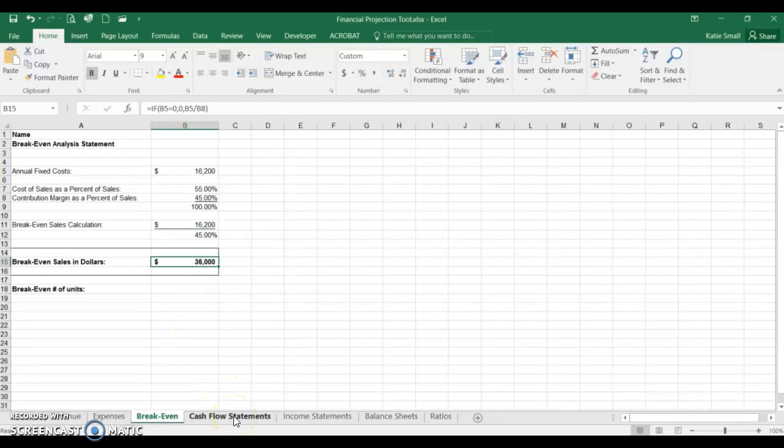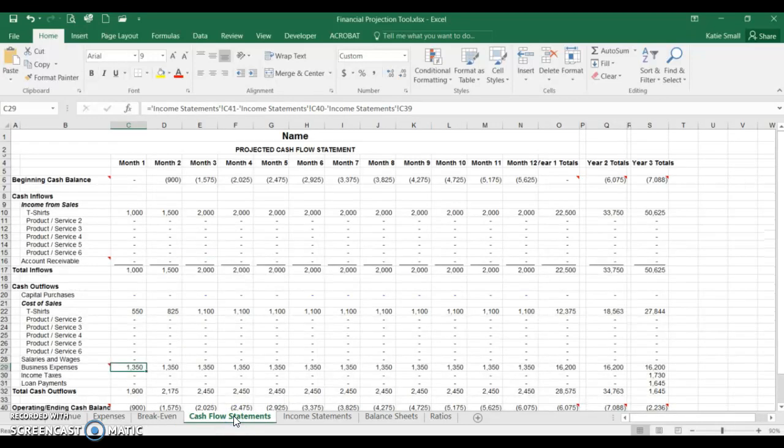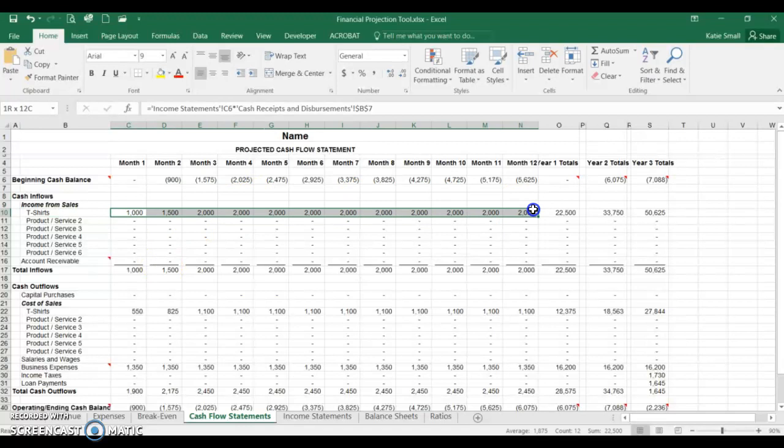Now we're going to go over to our cash flow statement. And looking at that cash flow statement, you will notice that you have a product t-shirts, which is pulling from that revenues tab. And you can see that for the first year, it has your sales based on the numbers that we put in on the revenue tab for how many t-shirts we're going to sell that year.